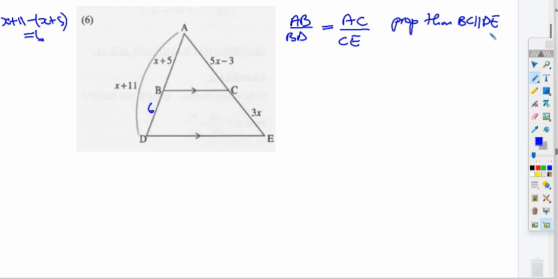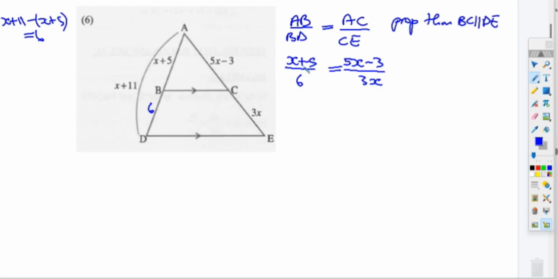Just remember, you need to state the parallel lines if you are saying proportionality theorem. If you do not want to do that, just say line parallel to side of a triangle. Now substituting there, x plus 5 over 6 is equal to 5x minus 3 over 3x. And then we need to solve for x here.